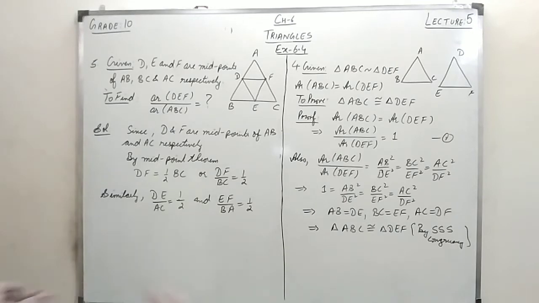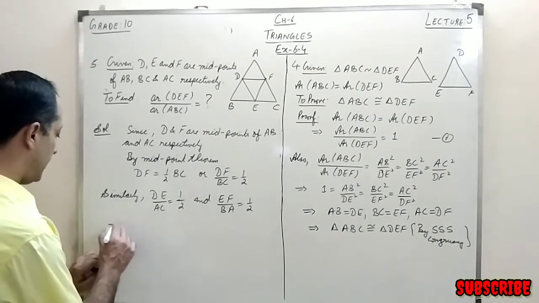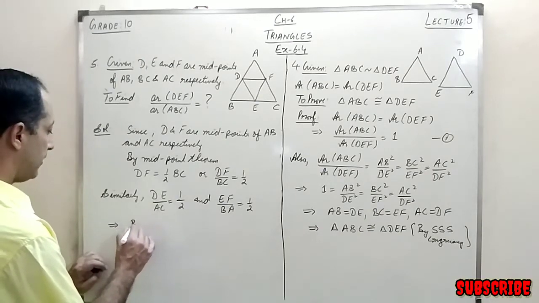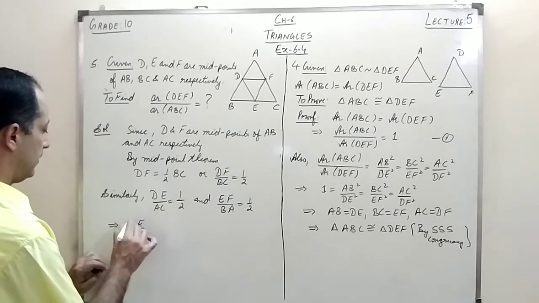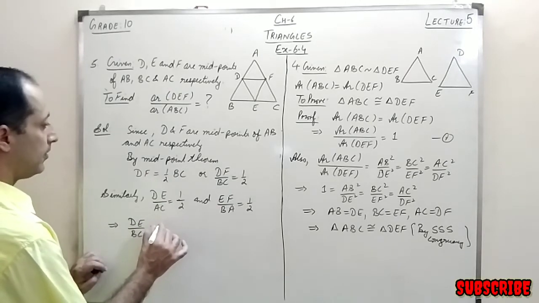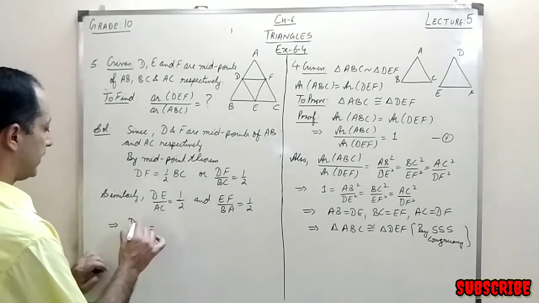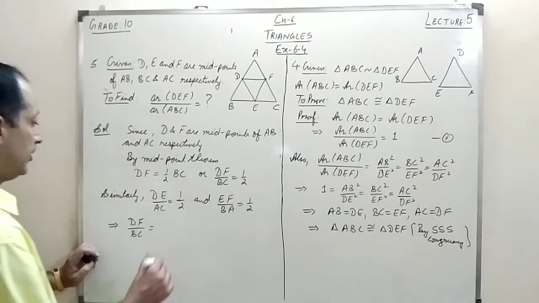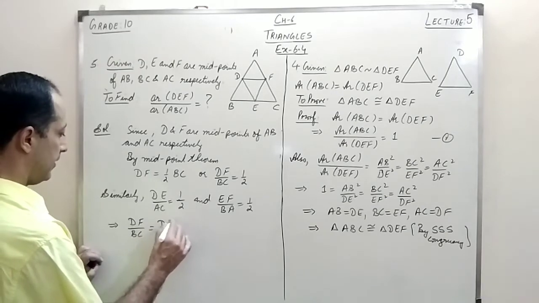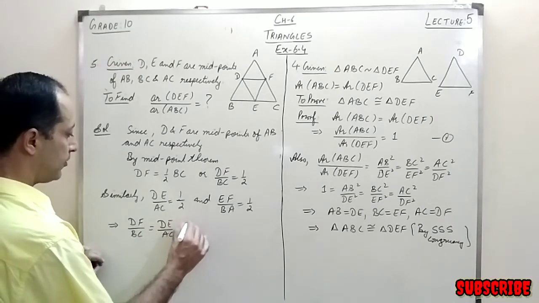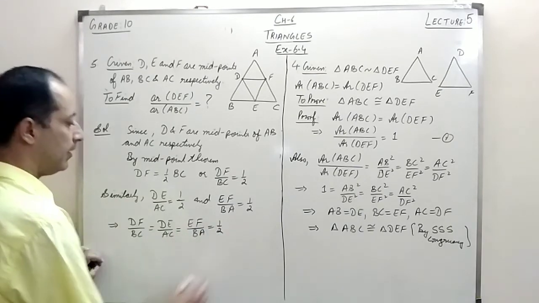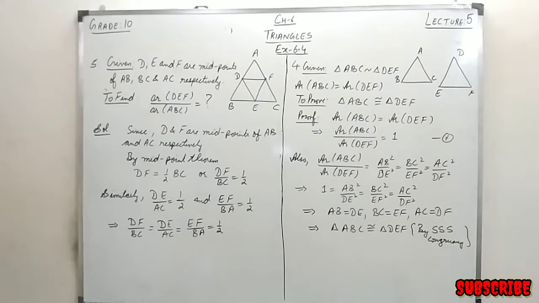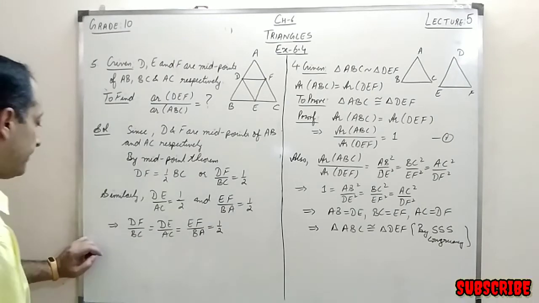Now what we have, the ratio of all the three sides is equal. So now I have that DF upon BC equals to DE upon AC equals to EF upon BA equals to 1 by 2. So we can say that the triangles are similar, obviously.